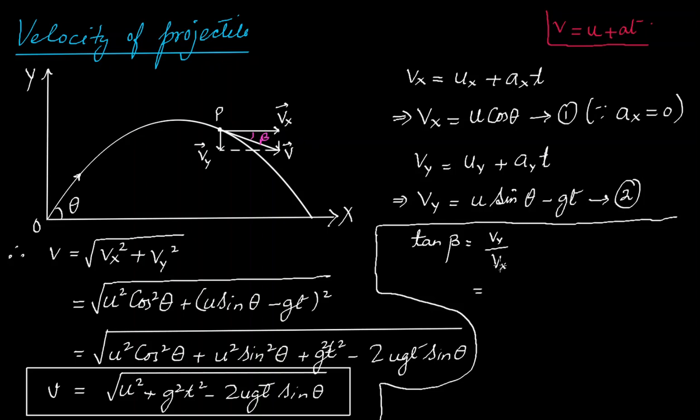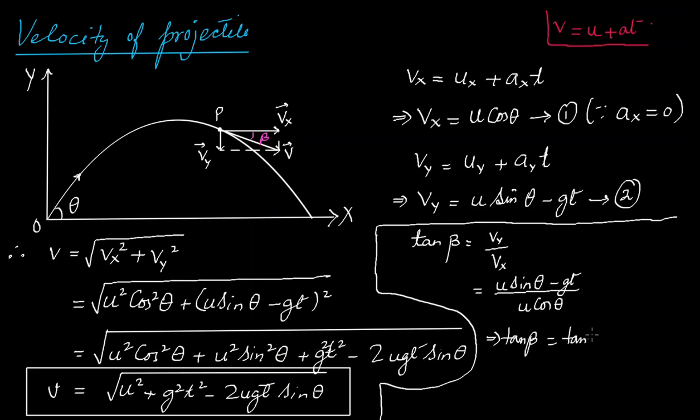Okay, and what is Vy out there? U sine theta minus gt, divided by Vx, which is U cos theta. So this implies tan beta is equal to, of course, I can divide this first, so U and U will cancel.